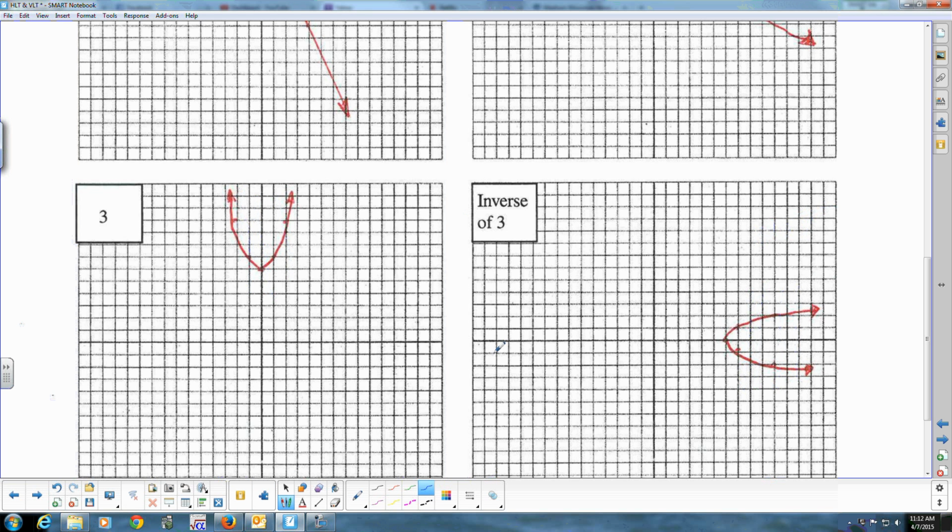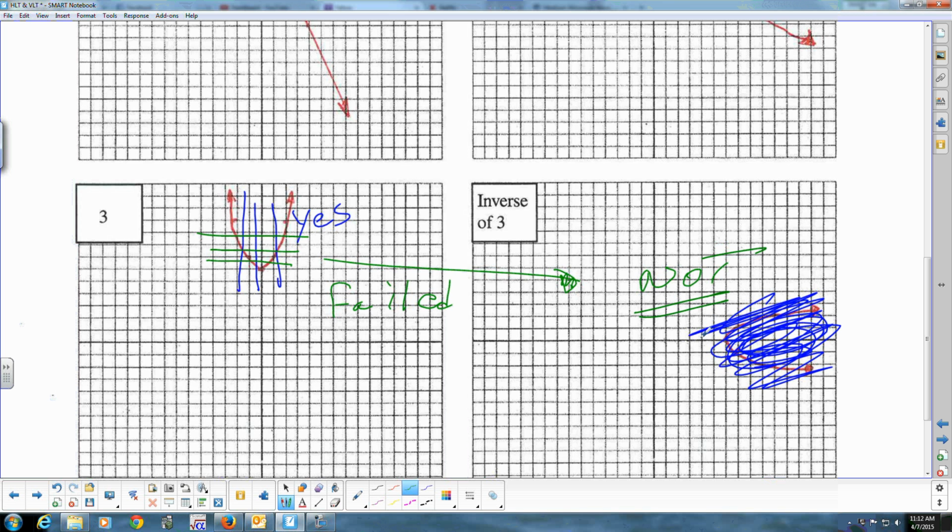Now, if I can't see this graph, I don't know what it looks like, I test the original with a vertical line to see if the original is a function. Yes, this is a function. Then I can test the original with a horizontal line to see about the inverse. It failed the horizontal line test, so the inverse is not a function.